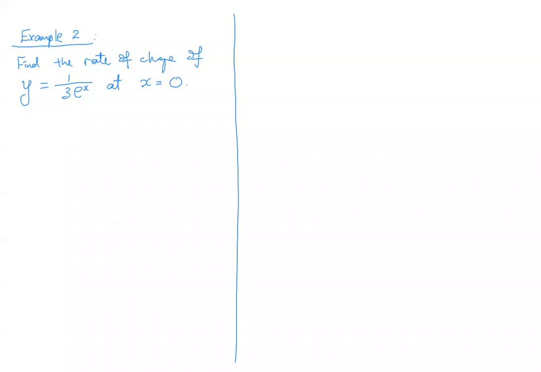Which method must I remember when I want to simplify terms like this? I have to remember that 1 over a times b can be written as 1 over a times 1 over b, correct? Then I have to remember that 1 over a to the power n can be written as a to the power negative n.